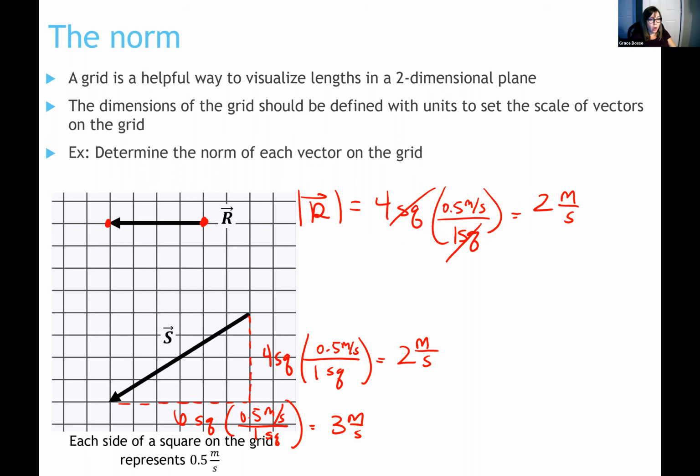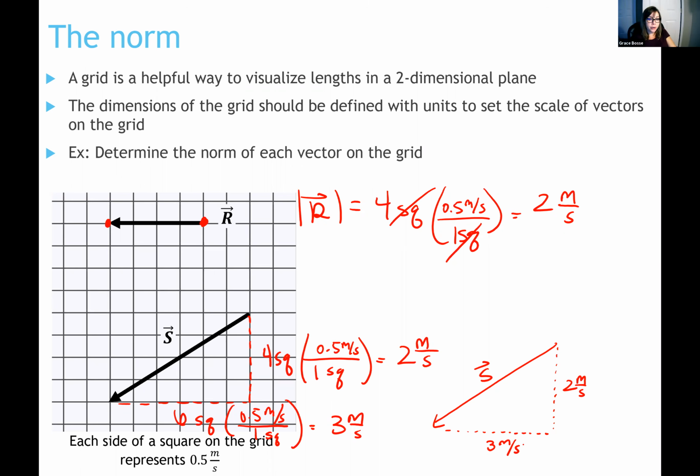So I'm going to redraw this triangle in units of meters per second. So here I have my vector S, and I'm going to form a triangle here where the vertical side of the triangle is 2 meters per second, and the horizontal side of the triangle is 3 meters per second. So if I want to find the length of vector S, do you guys agree with me that vector S is just the hypotenuse of this triangle?